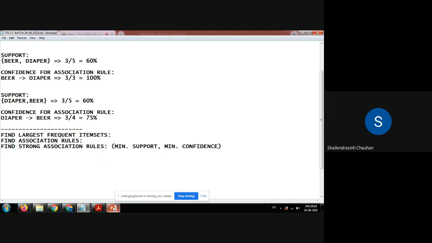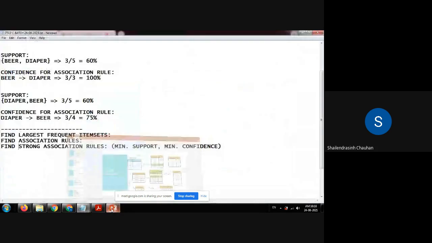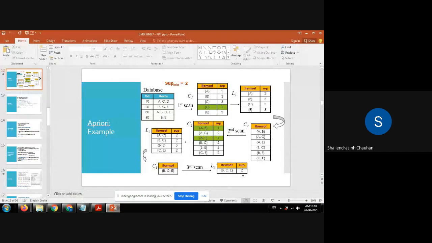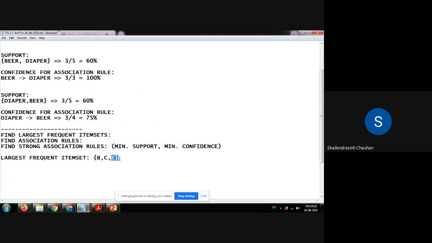Let us consider this. For this, first of all you need to find out the largest frequent item set. We are having BCE. If you have multiple largest frequent item sets, let us say 2, 3, 4, 5, then for each largest frequent item set you need to find out rules.